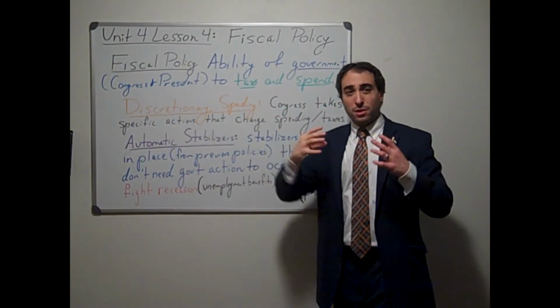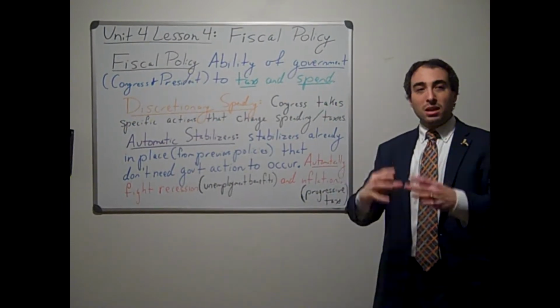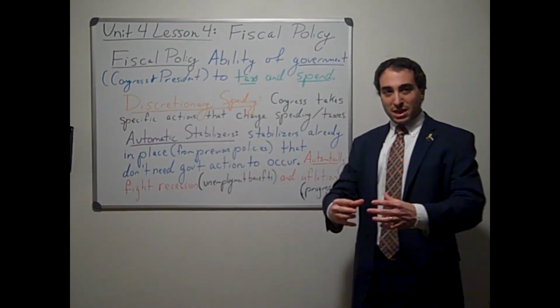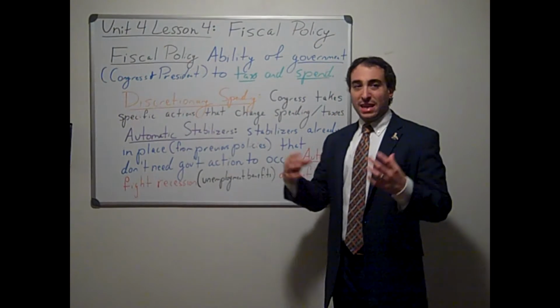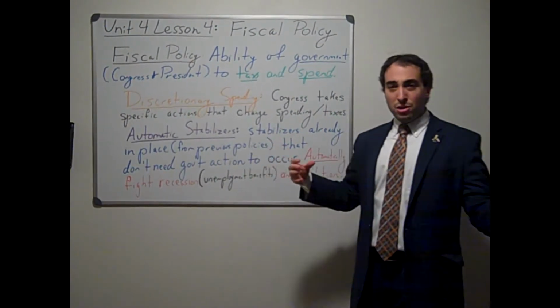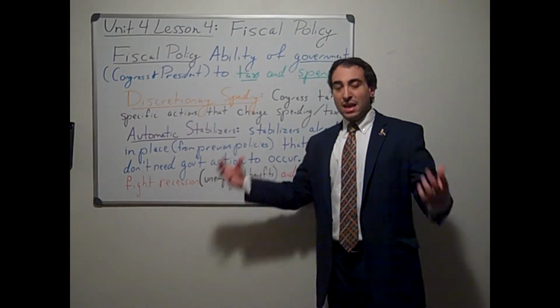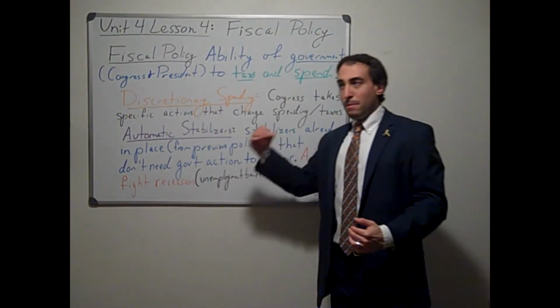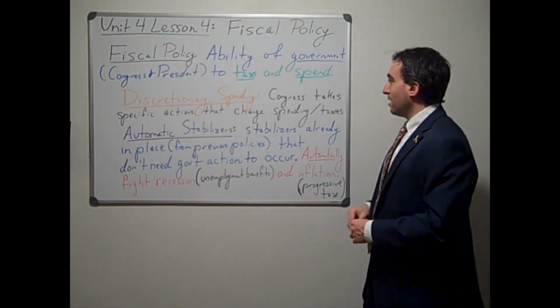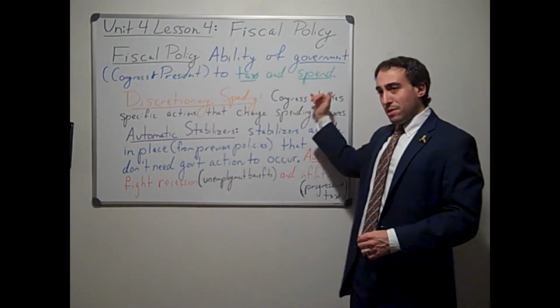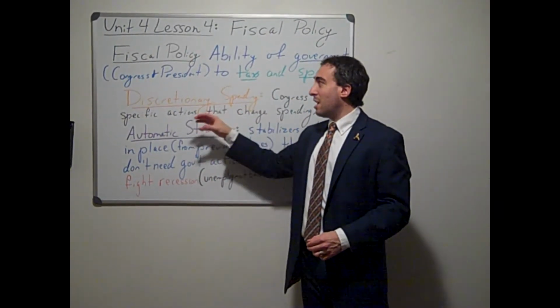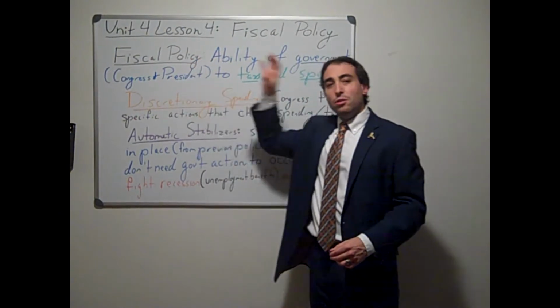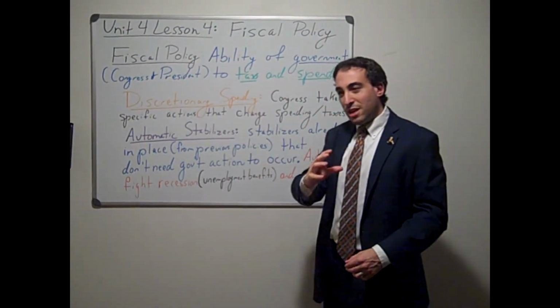And if you remember the circular flow model, government is in the middle of that circular flow model in the mixed economy, and the government can take taxes from both households and businesses and can spend money for both households and businesses. So these are the two government powers. When we talk about fiscal policy, we are usually talking about discretionary policy.